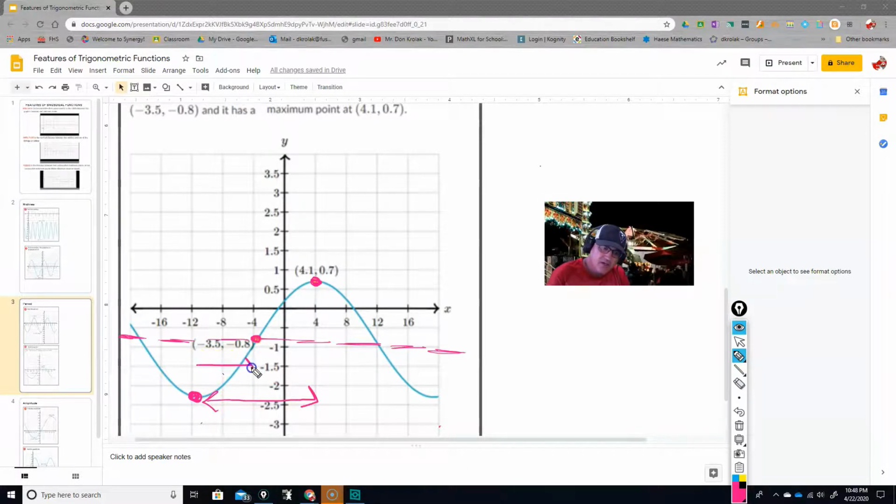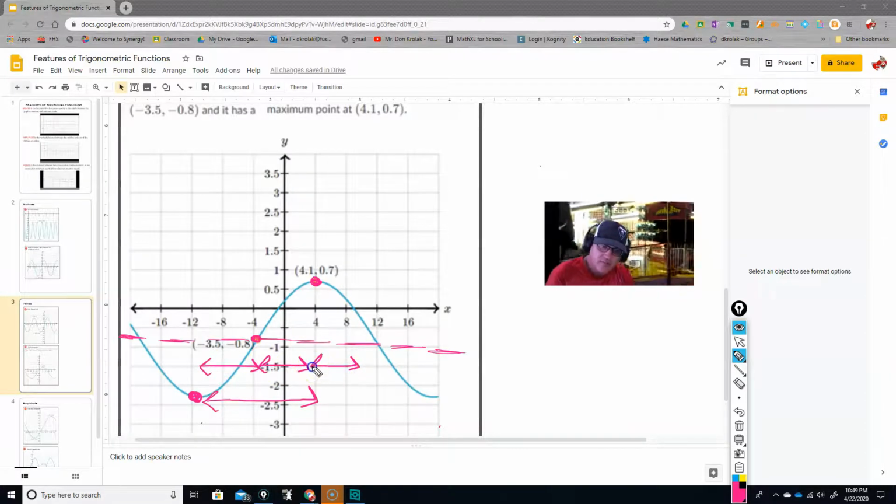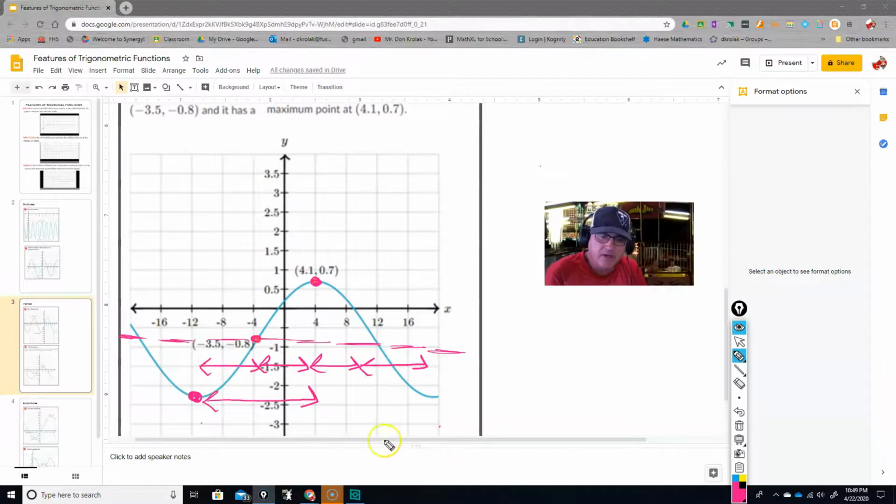So from here to here, that's a quarter. That would be another quarter, and I could get my period that way. So we're going to be figuring out what this quarter is, what this quarter is, and then two more of them, 4 quarters, is going to end up making what our period is.